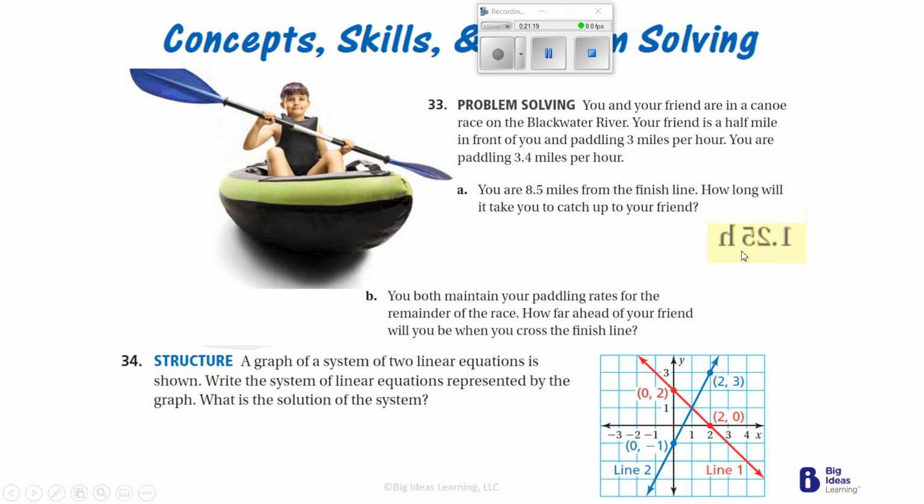Well, about 1.25 hours. Okay, 1.25 hours. All right. And let's see. You both maintain your paddling rate for the remainder of the race. How far ahead of your friend will you be when you cross the finish line? You'll be about a half mile ahead of him.